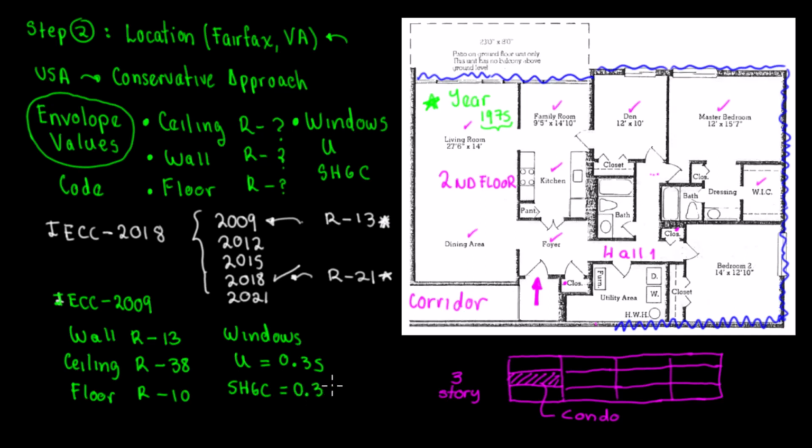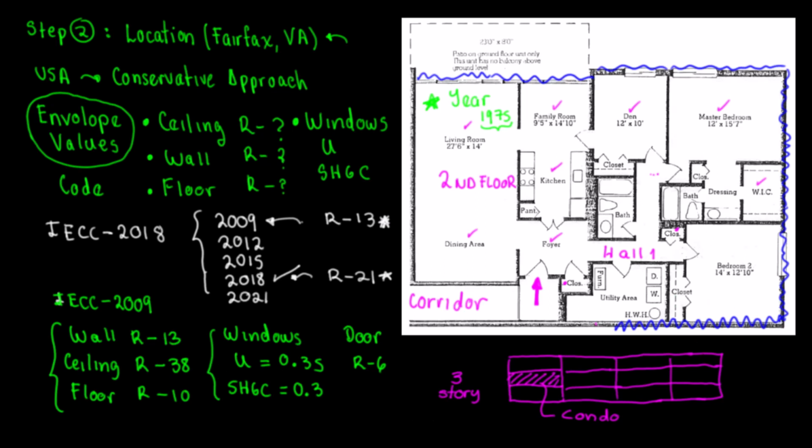The door we'll do later. Usually for the door, we just keep it at R6. So now you have the envelope values, and now we can go to Wrightsoft.